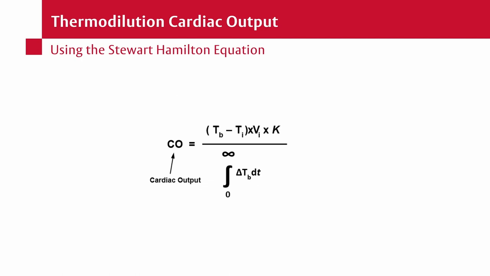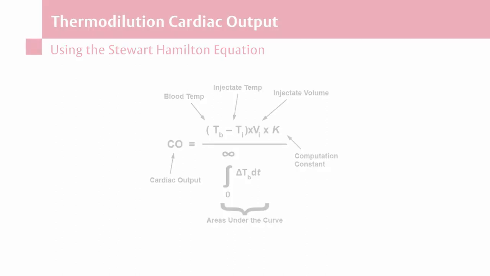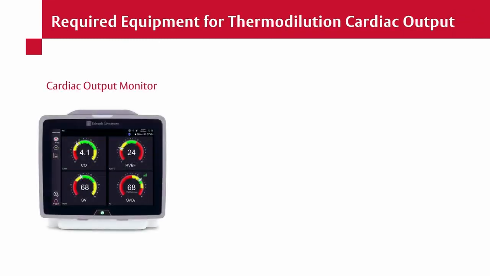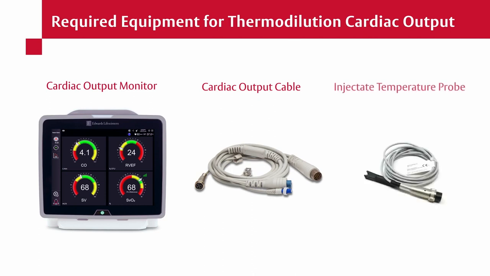The Stewart-Hamilton equation uses the patient's blood temperature, the injectate temperature, the injectate volume, a computation constant, and measured area under the thermodilution washout curve to calculate flow. Required equipment for the thermodilution procedure includes the following: a cardiac output monitor, such as a Hemosphere monitor, a cardiac output cable to connect to the Swan-Ganz thermistor and injectate temperature probe, an injectate temperature probe.